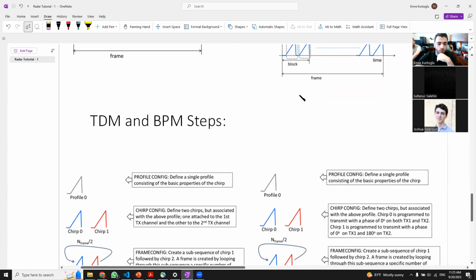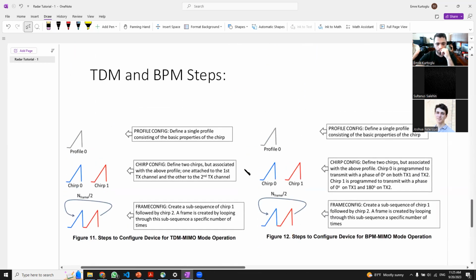Okay. So in the chirp configuration part in Wave Studio, there are certain steps that you need to do while setting this time division multiplexing and binary phase modulation. This TDM is easier, so I would recommend you to use this one.